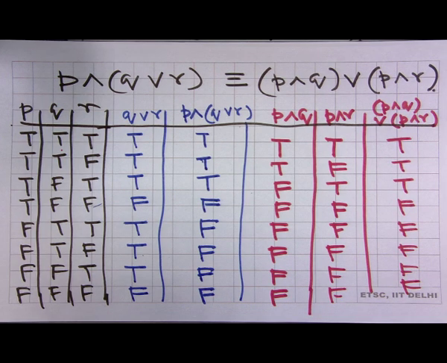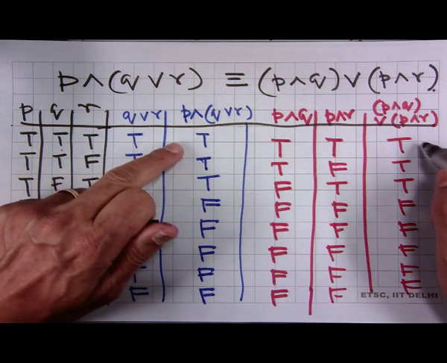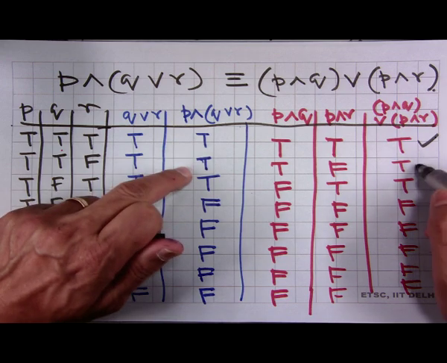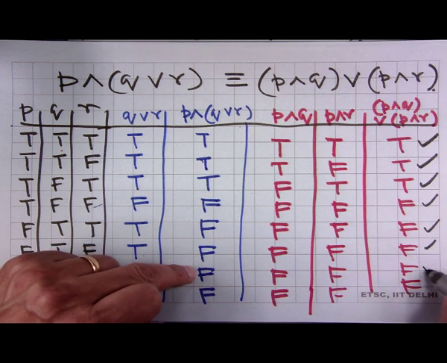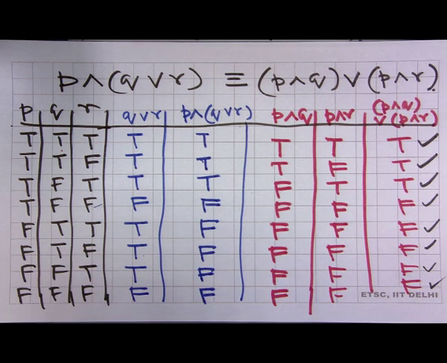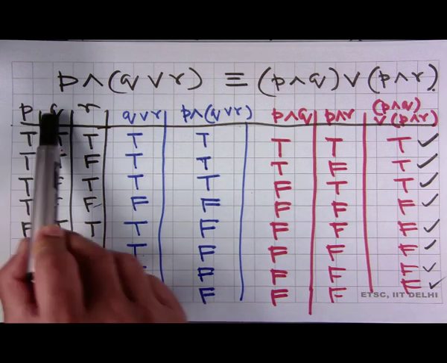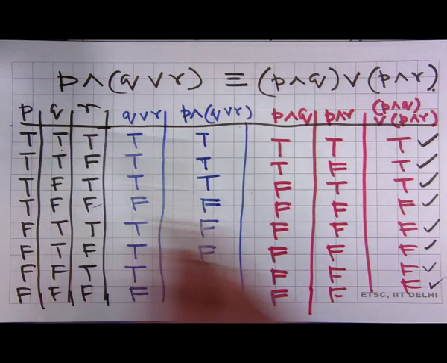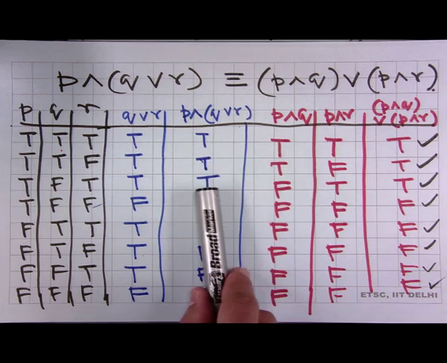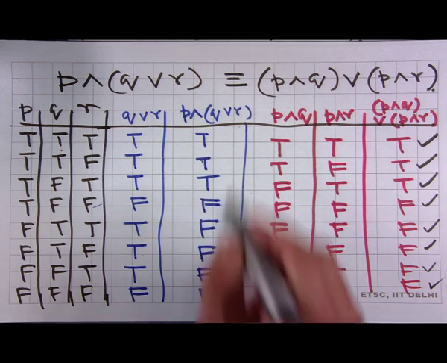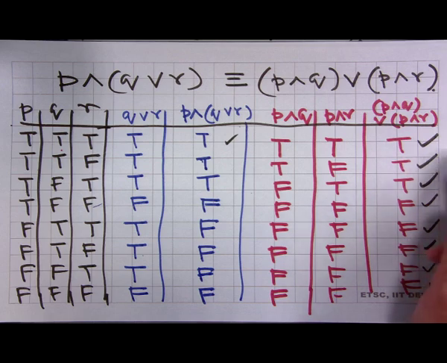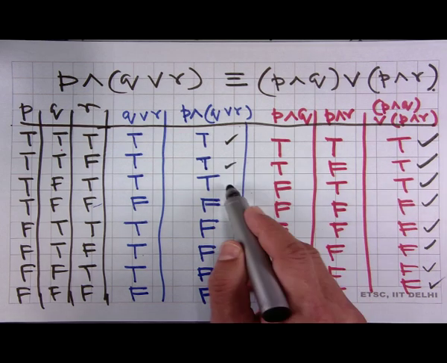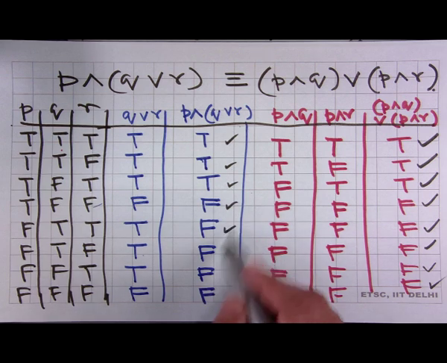Now, let us look at this column and this column. It is T T, T T, T T, F F, F F, F F, F F, F F. We see that for all possible arrangements of truth values between P, Q and R, these two expressions, P and Q or R and P and Q or P and R, have the same truth values, right.